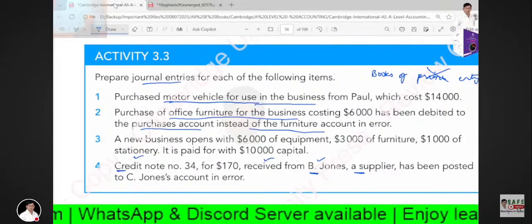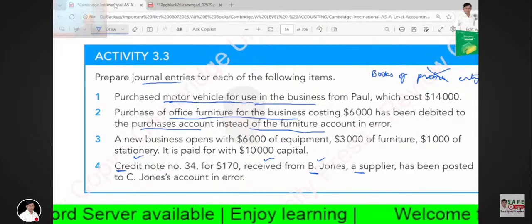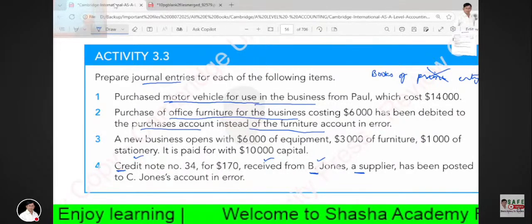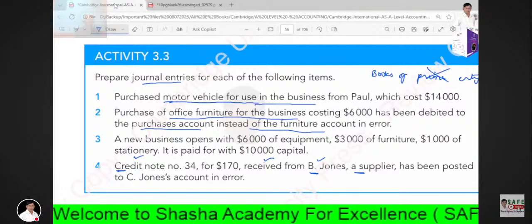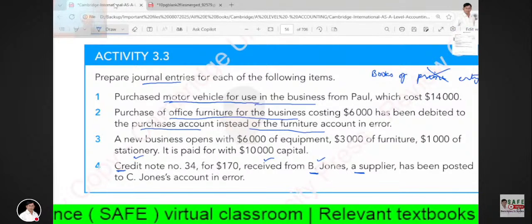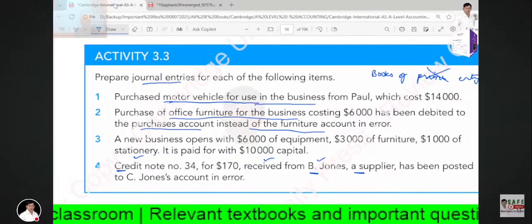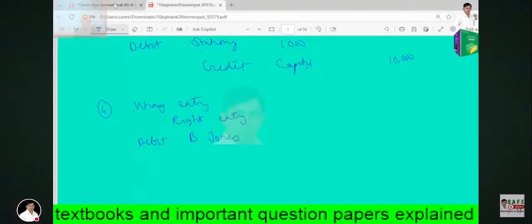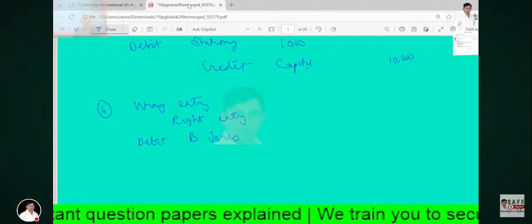You have received a credit note, which means you are getting credit, so you have to debit B. Jones. Understood? You are getting credit, so you have to debit B. Jones. So that is the right entry.